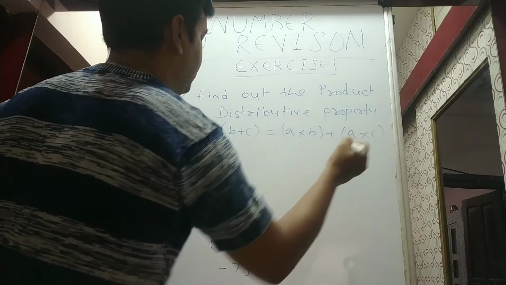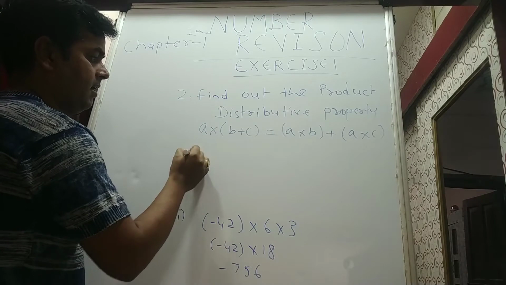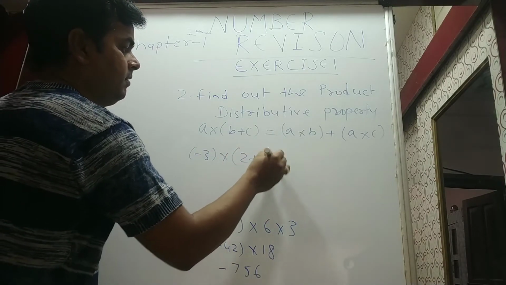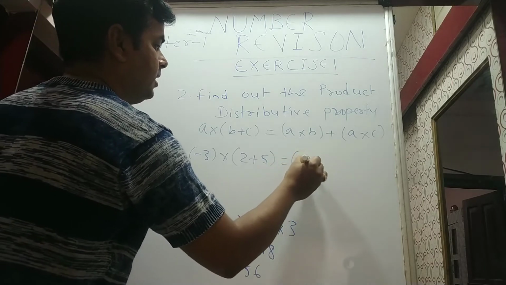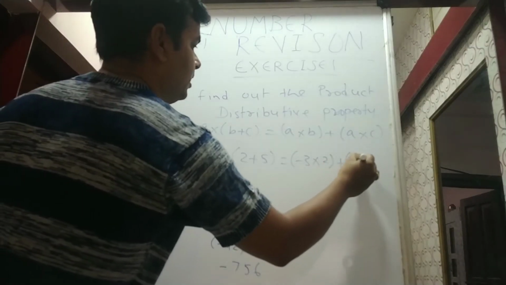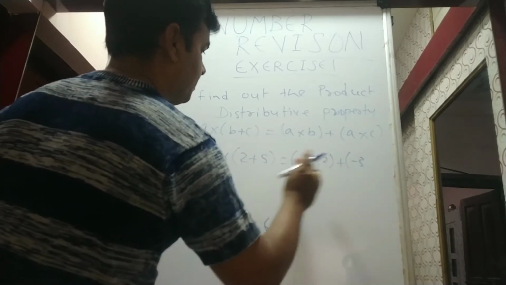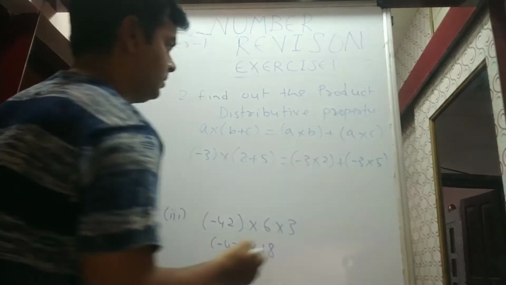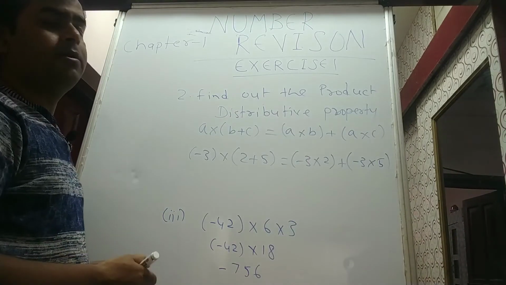Suppose we have minus 3 into 2 plus 5, we can write minus 3 into 2 plus minus 3 into 5. This is the distributive property.